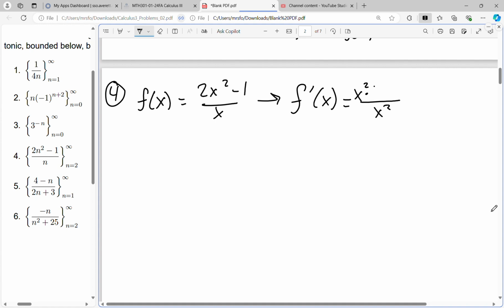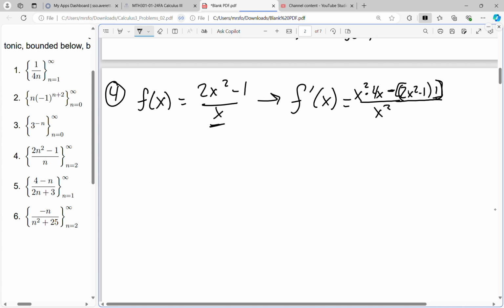Okay, so you do the denominator times the derivative of the numerator. The derivative of the numerator is 4x, and then subtracted by the numerator times the derivative of the denominator, and that's 1, the derivative of the x.